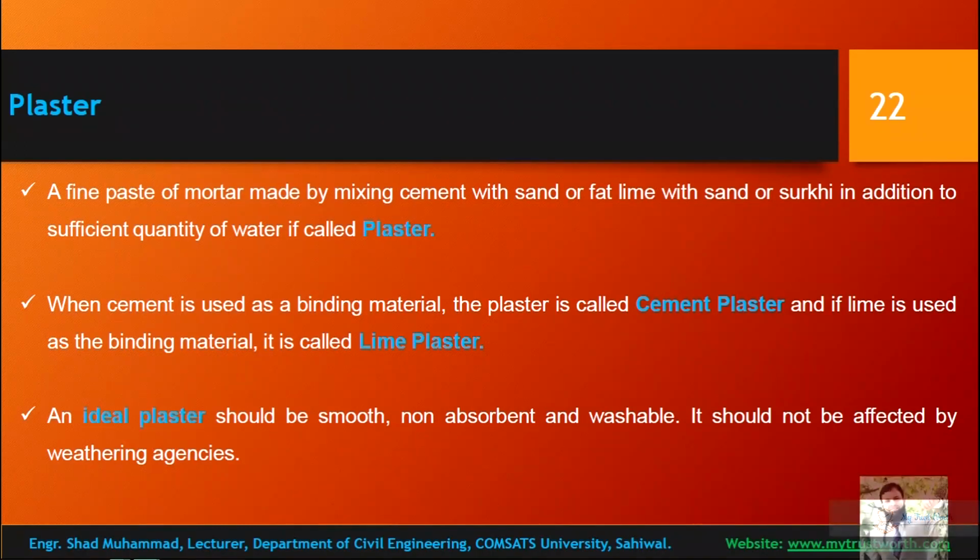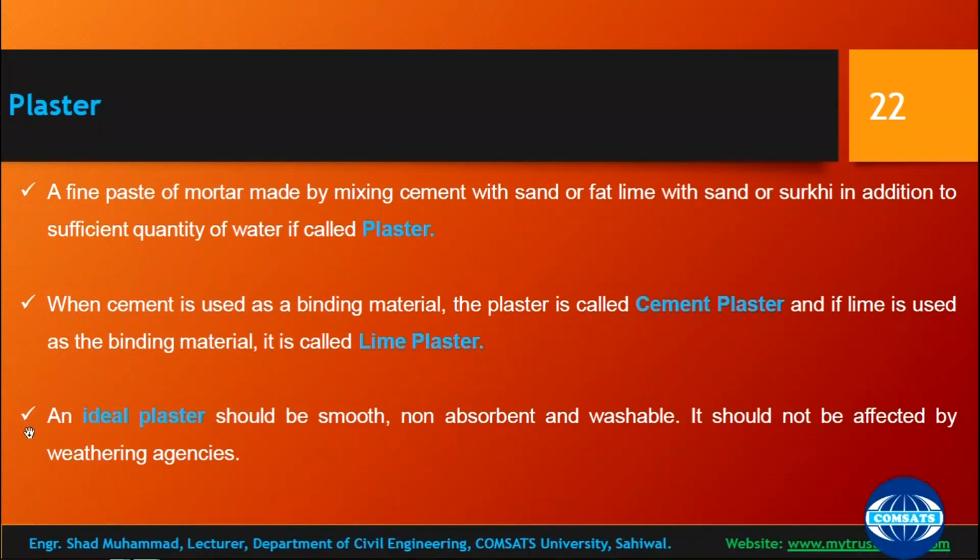These three binding materials have a phenomenon of binding. Whichever materials you incorporate in them, they try to bind them by formulating some different chemical oxides and crystals. Commonly used in Pakistan in places where there is poverty, you can use lime or surkhi. But in reinforced concrete frames and cities, cement plastering is used.